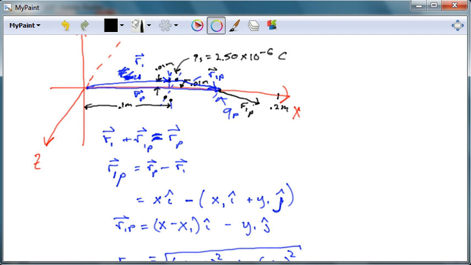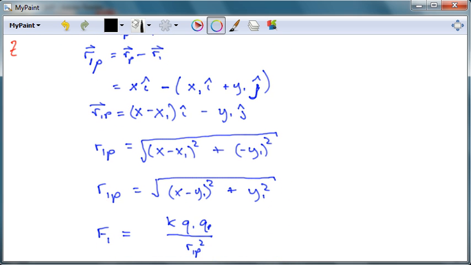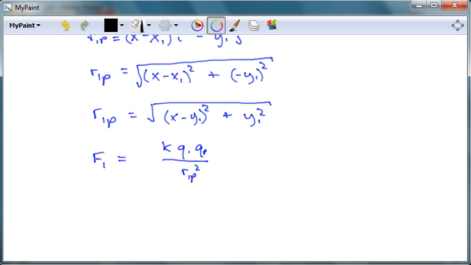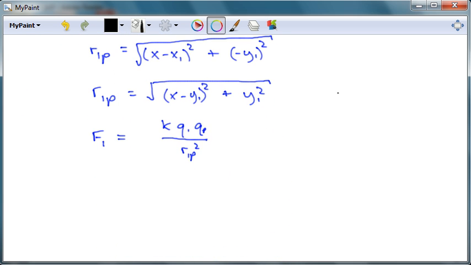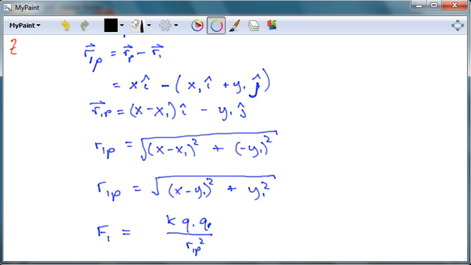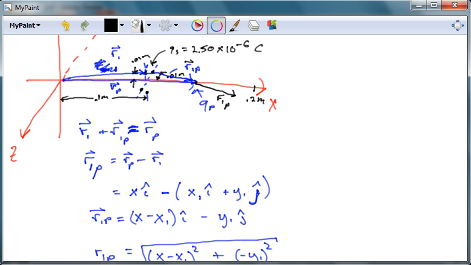And I need the x component of that. Well, let's write down what F1P is. I'm just calling it F1.